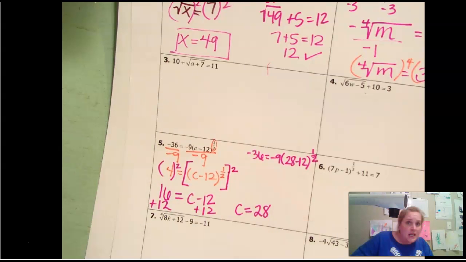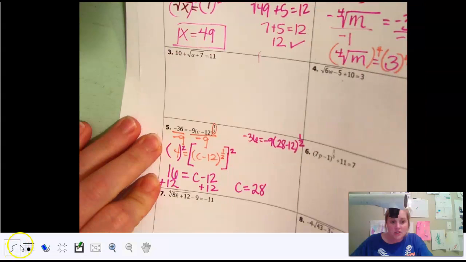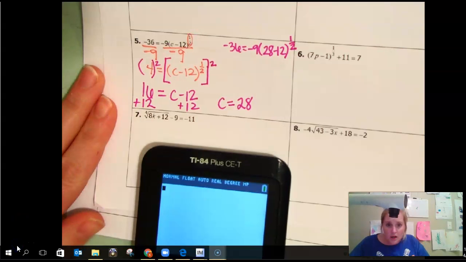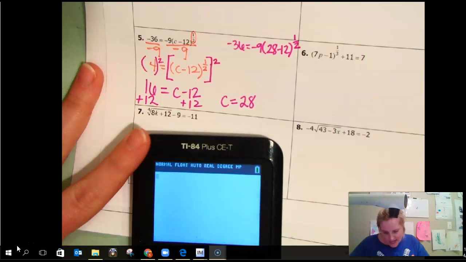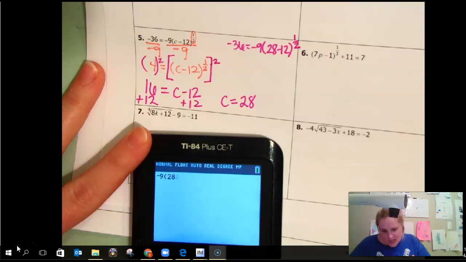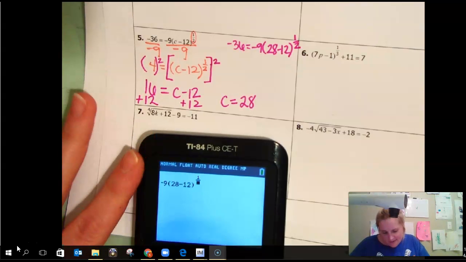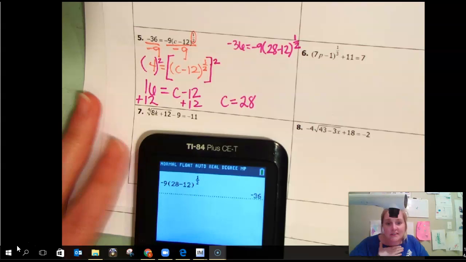Now, if you've got your fancy calculators, then you can check this easily by plugging them in. So all I'm going to do is put negative 9, parentheses, 28 minus 12, and I'm going to raise that to the 1/2 power, which does give me negative 36.